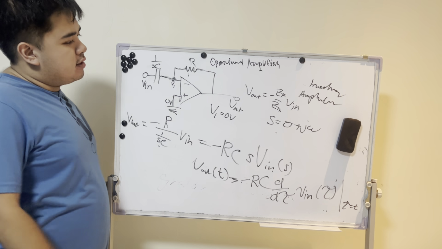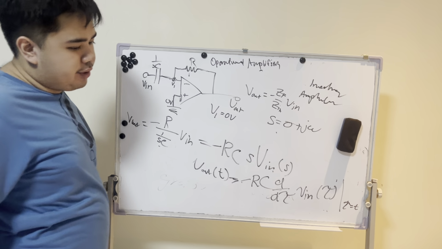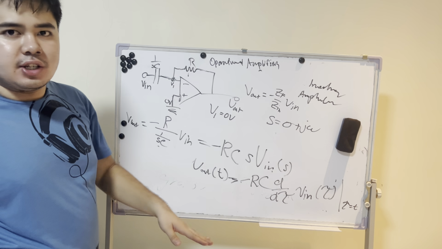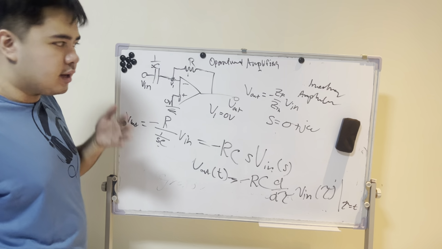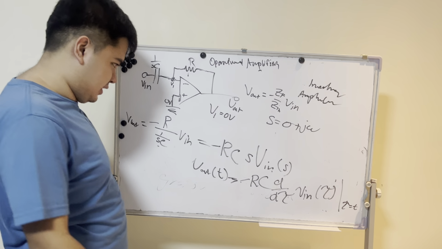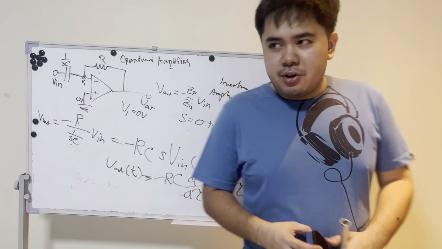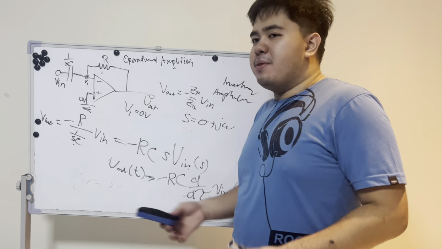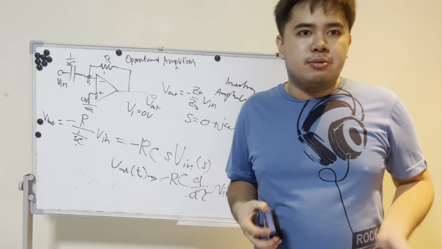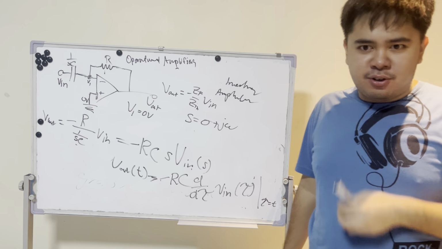Well, that's why we changed the j omega for S. It's because we can now figure out the cases for which it has decay, which is some of the cases for sinusoid. That will be in a future video, the Laplace transform and why S is the way that it is. So, very good. We have an amplifier that can do mathematical operations like integration and differentiation. It can also do subtraction and addition, using this configuration again. But that's for another time.